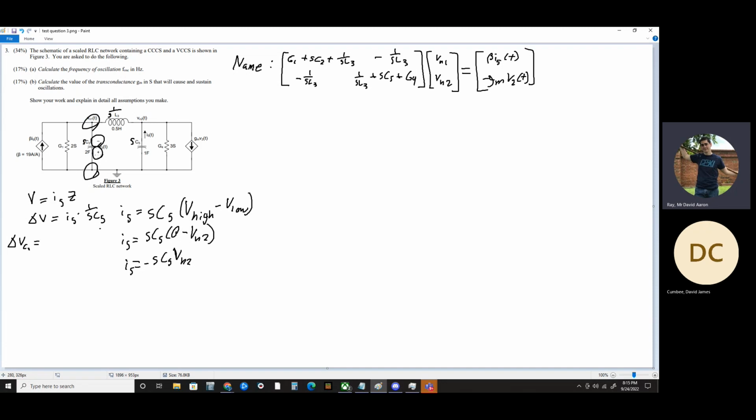The positive, or the high voltage, is going to be the 0, because the positive side faces the 0, and the negative side is going to be Vn1, since the Vn1 is what the negative side faces.